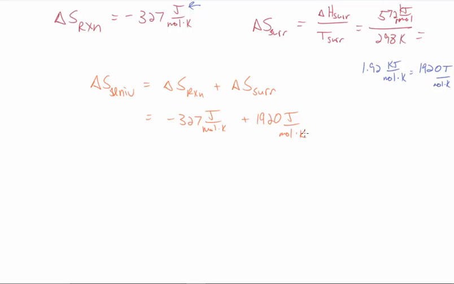That's why, even though the entropy change of my overall reaction is a negative value, there was enough heat released to the surroundings to increase the entropy of the surroundings enough so that I ended up with a 1593, I think is what this ends up being, joules per mole Kelvin. So the delta S of the universe did go up, and that positive value is what determines whether something is spontaneous or not.